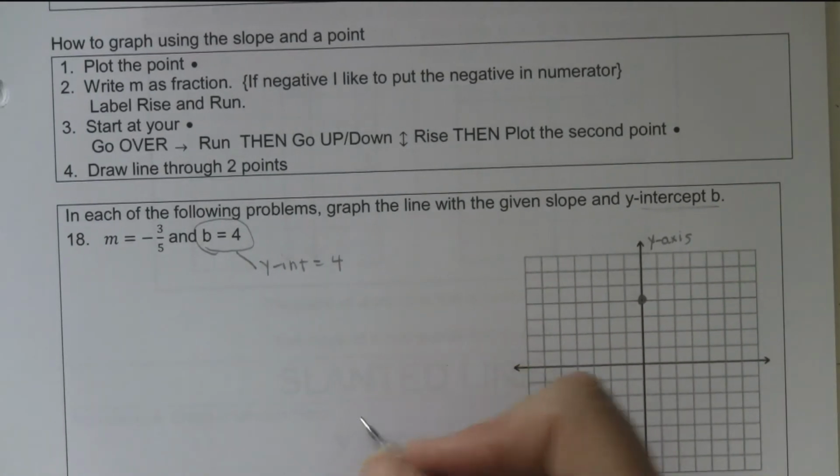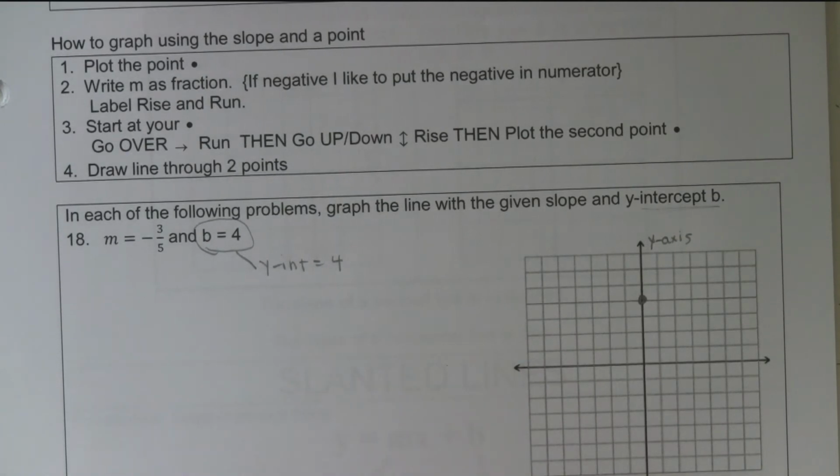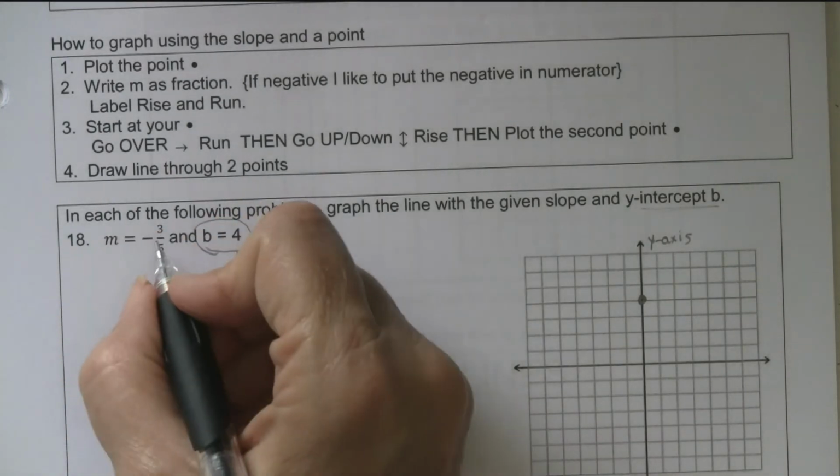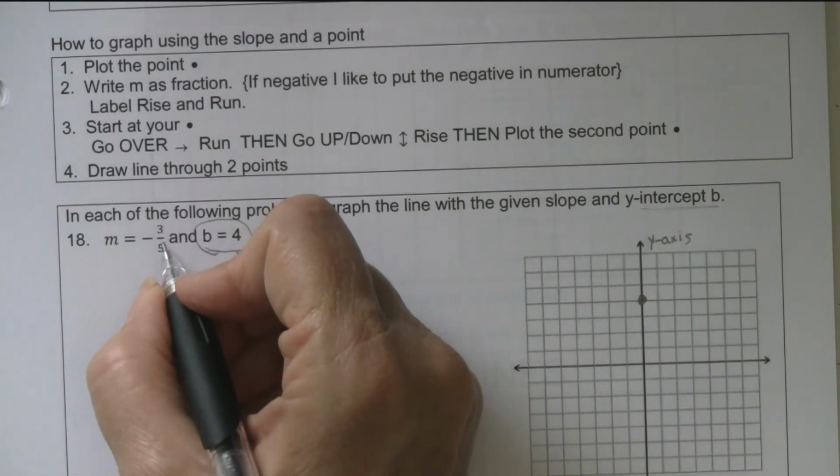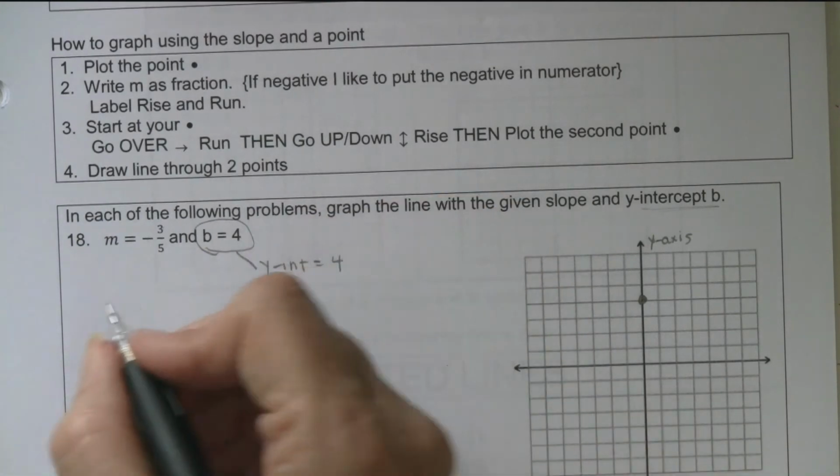Then in order to get another point on the graph, you're going to use your slope. Your slope is like driving directions or walking directions; you're going to count over to it. And if it's a negative, you need to associate that negative either with the numerator or with the denominator. I like to put it in the numerator.